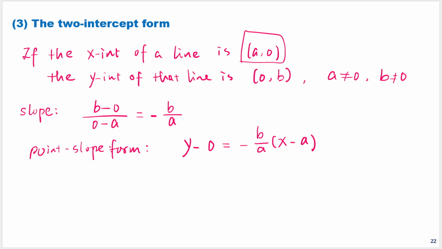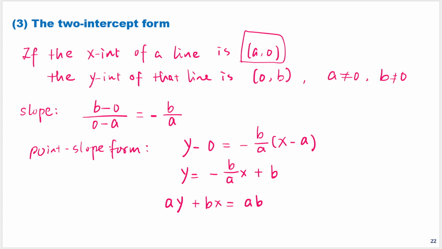And then let's simplify this a little bit. That's y equals negative b over a times x plus b, right? Then we can multiply both sides by a. That gives us ay. At the same time, move the negative b to the left side. That gives us plus bx equals ab, right?